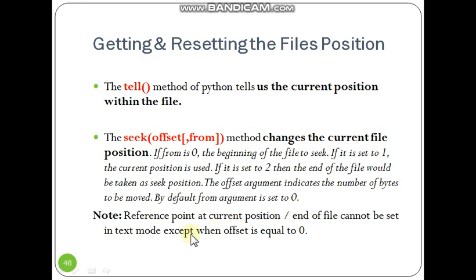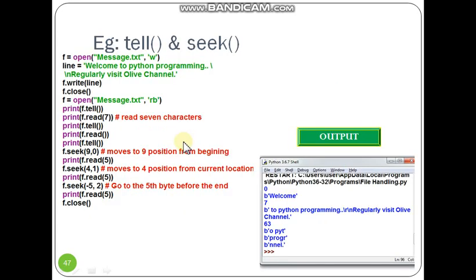When we are opening a file in text mode, you can use 0 only for this from value. 1 and 2 are not allowed. Now let's see an example for this. We are opening a file message.txt for writing, and first we are writing the content to the file.